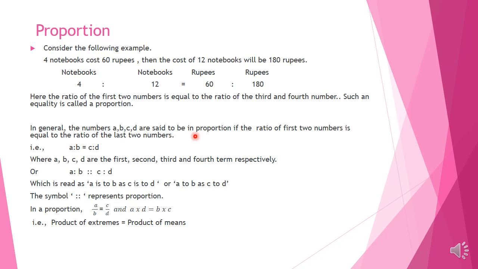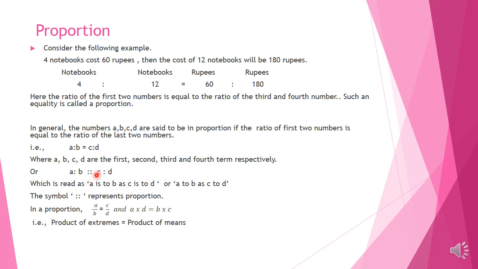So if we have 4 numbers A, B, C, D, if the ratio of the first 2 numbers A and B is equal to the ratio of the last 2 numbers C and D, then we can say they are in proportion. That is, if A:B is equal to C:D, then we can say they are in proportion.